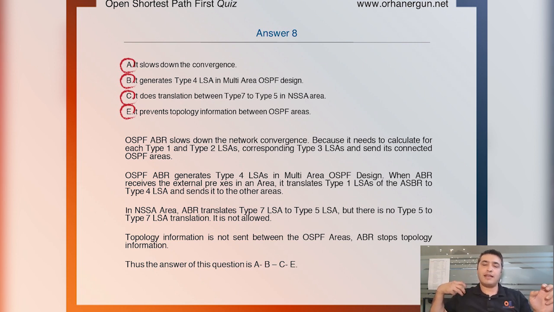So in area 10, any of those internal area 10 routers don't know what the topology is, who is connected to whom, what the metric is between them in another area. So we talked about that. That's why it prevents topology information between OSPF areas. The ABR is doing a lot of things, right? So the answer is A, B, C, not D and E, okay?